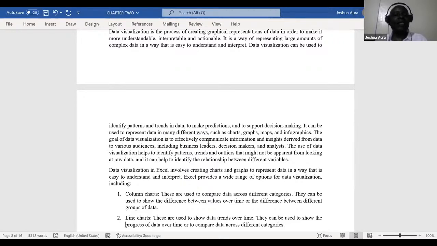So I'm repeating again that the most important objective of data visualization is to effectively communicate information and insights derived from data to various audiences, including business leaders, decision makers, and analysts. Ladies and gentlemen, if there is any group of professionals I really look down upon on matters of presentation, it is accountants.